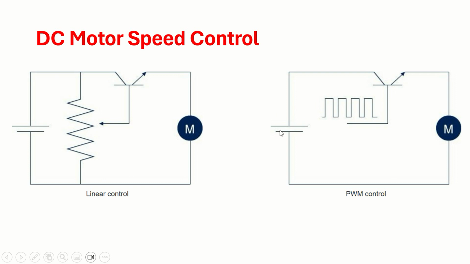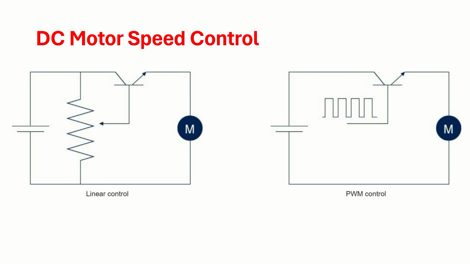Instead of applying 100% DC, you apply, let's say, 75% on and 25% off. So 75% of the time, 100% DC, and 25% of the time, 0% DC supply is applied to the motor.